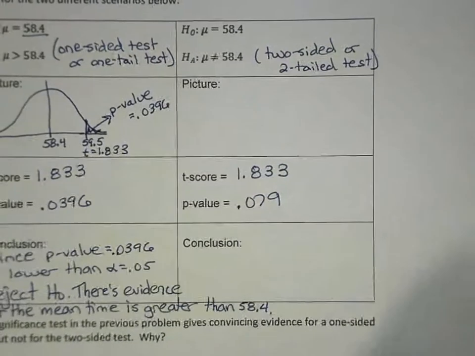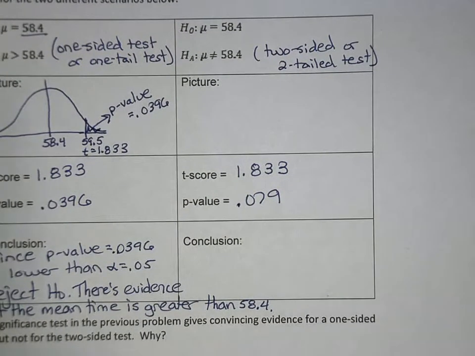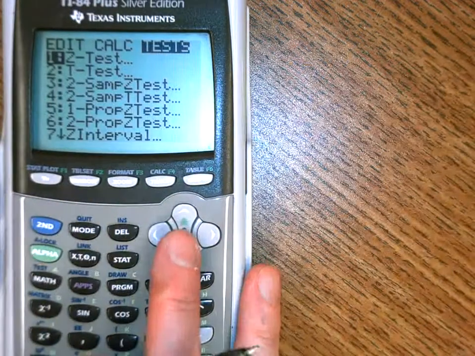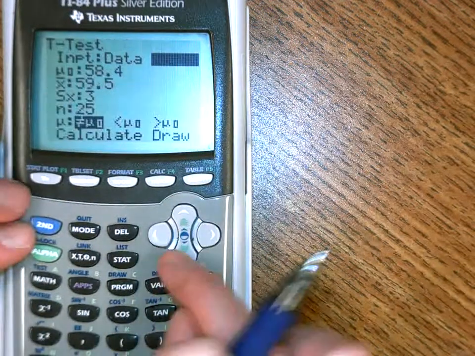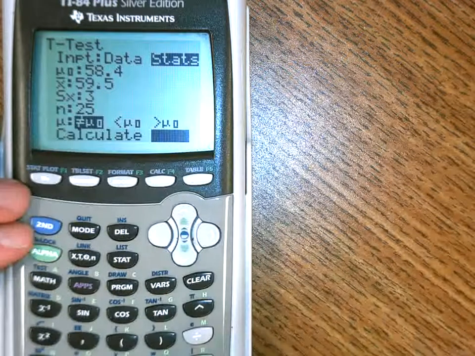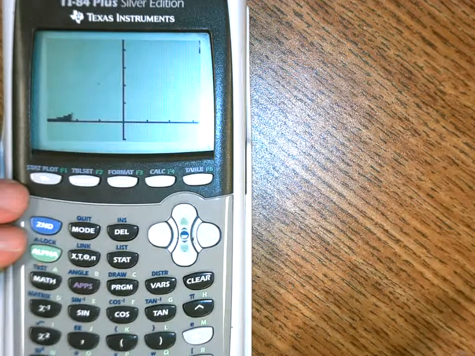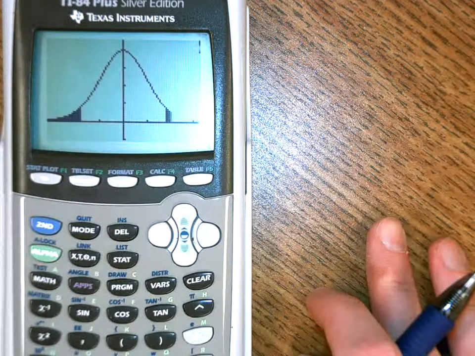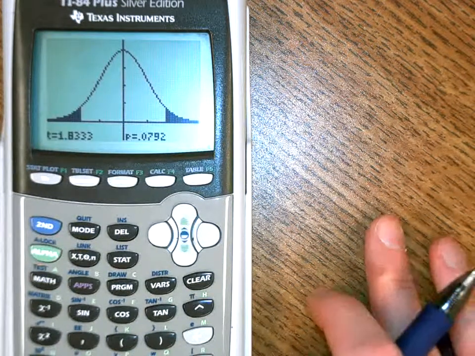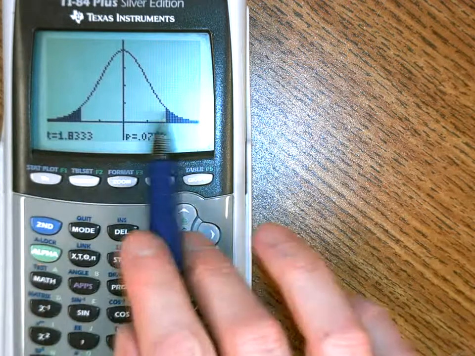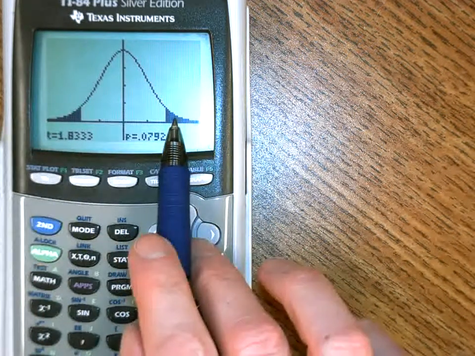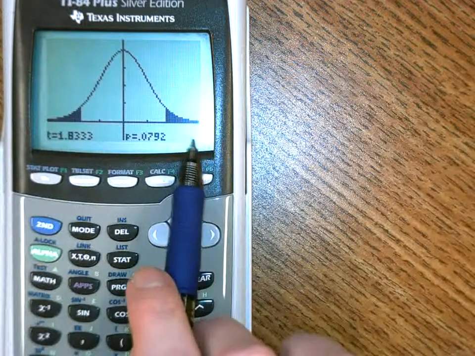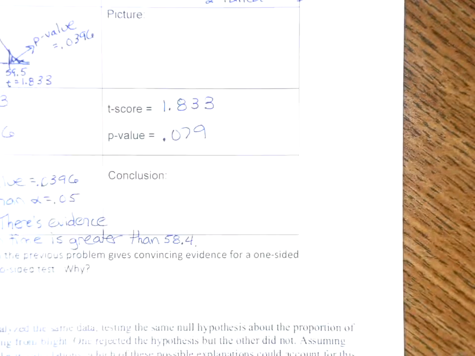Now, if you're curious, let's look at the picture. If I go back to t-test, hit enter, and I'm going to draw. And even though our statistic pointed us in one direction, we're still having to compensate and shade both ends of the curve, since in the alternative we weren't clear as to which direction the statistic would lead us to.